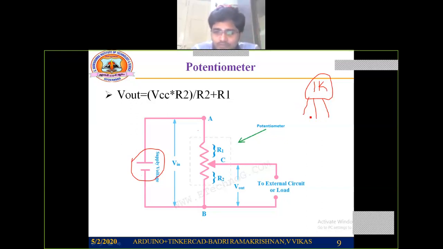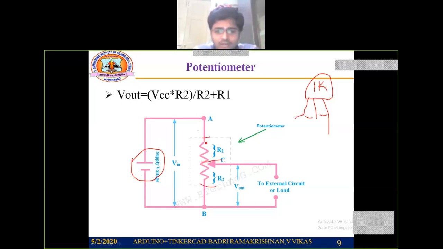So by varying the knob, we are trying to change the values of R1 and R2. Basically R1 will be available between these two, R2 will be available between these two. So if I have to connect this one to my power supply, the outer pins we will be connecting to power supply like I have shown here. This is one point, this is another terminal, this is the third terminal.